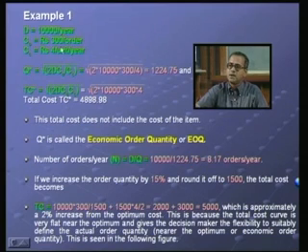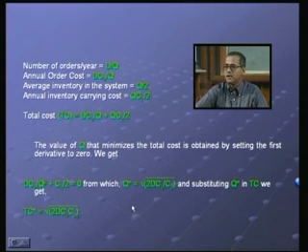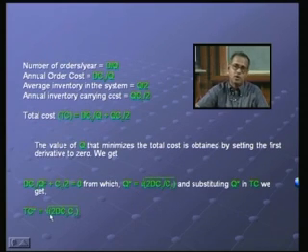So, for this example, every time we place an order, we would be ordering 1224.75 items. But before we do this, we need to go back here and look at Q star equal to root of 2 into D into C0 by Cc, which we derived by setting the first derivative of this expression to 0. And we also need to verify that this economic order quantity gives us a minimum total cost.